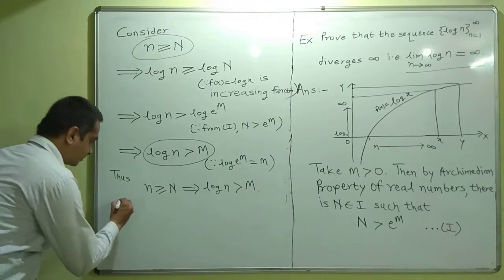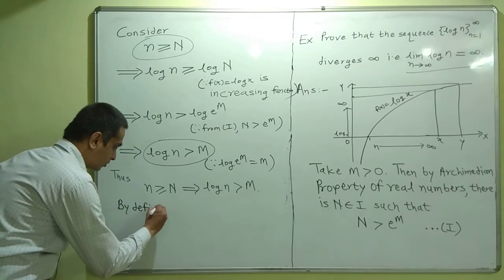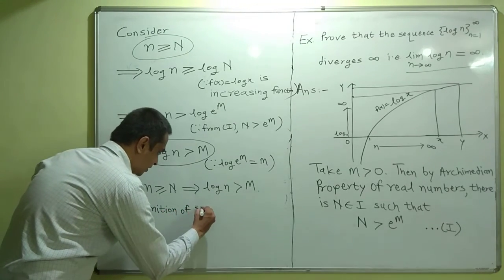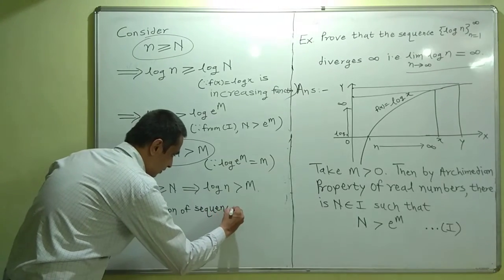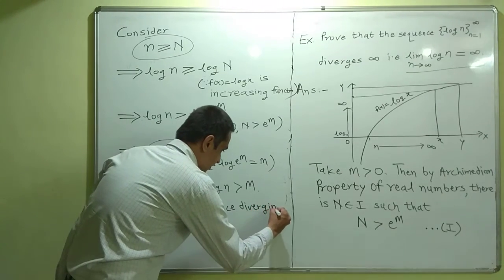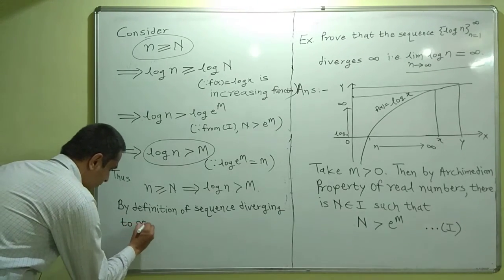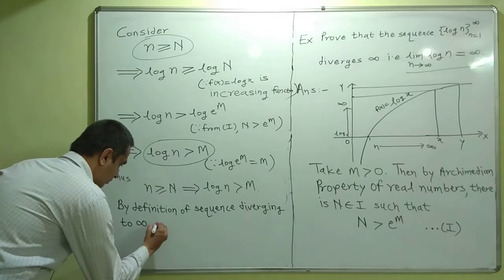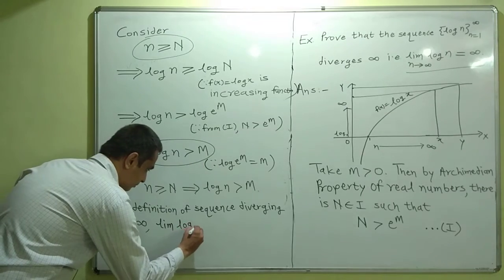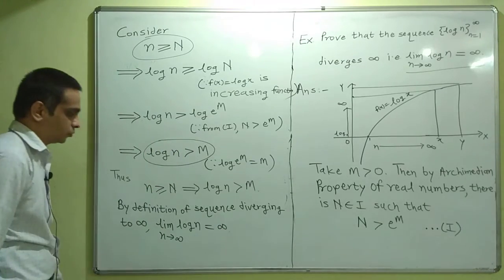It now follows that by definition of a sequence diverging to infinity, we can say that the limit of log n as n tends to infinity is infinity, that is, log n diverges to infinity.